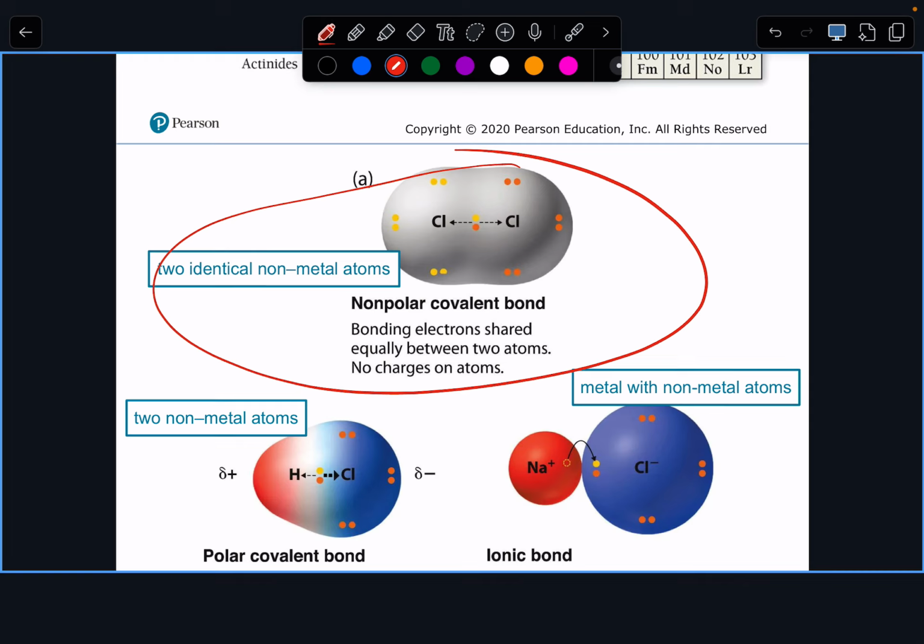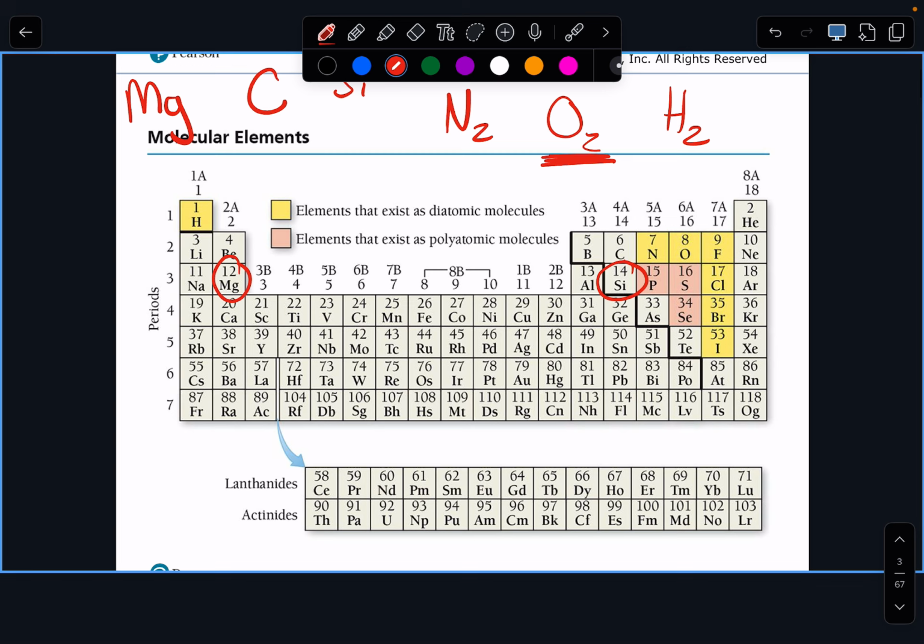A key point about these covalent bonds is that they are nonmetals. Covalent bonds are always going to happen between nonmetals. Let's go back to the periodic table, just as a good reminder. So nonmetals are these guys on this side of the stair step.